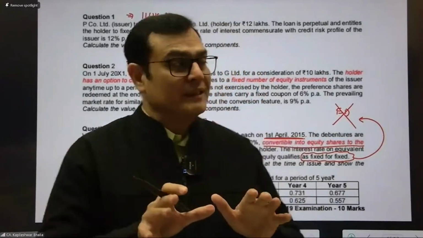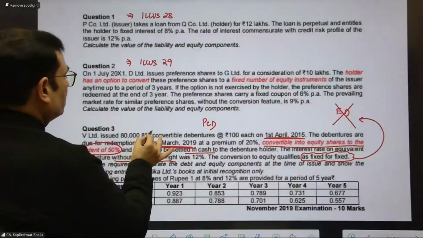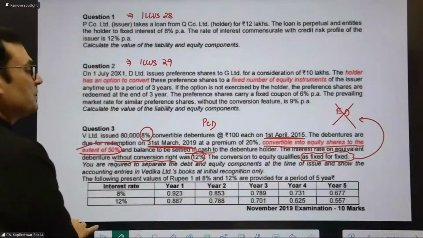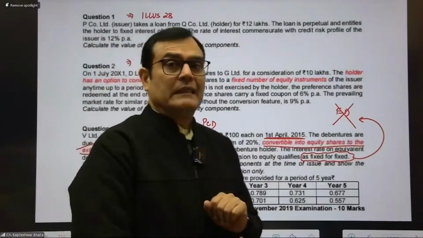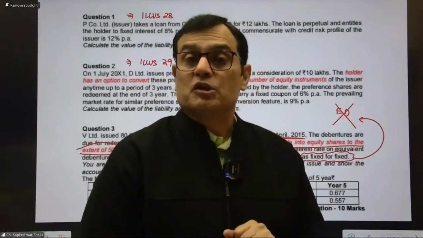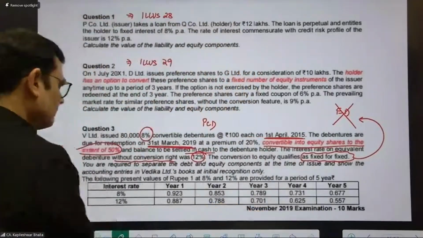So in this case, we can notice something. The coupon rate being paid is 8% and the interest without conversion is 12%. Definitely, it is a compound financial instrument, hybrid in nature, but the derivative is not to be segregated.